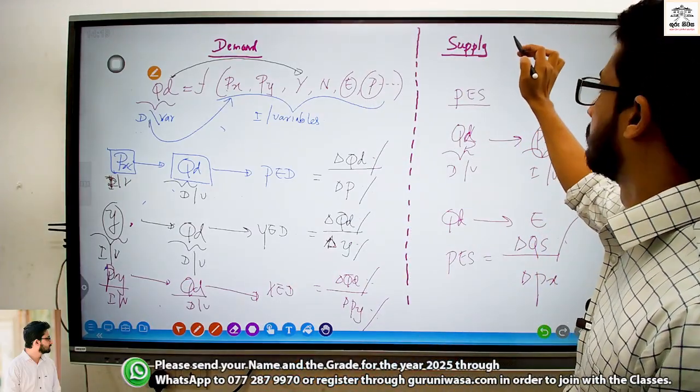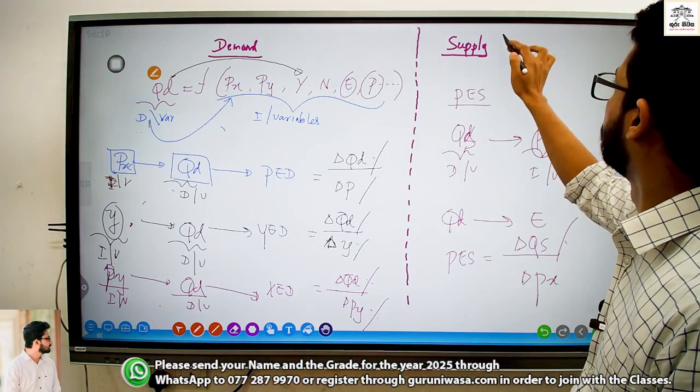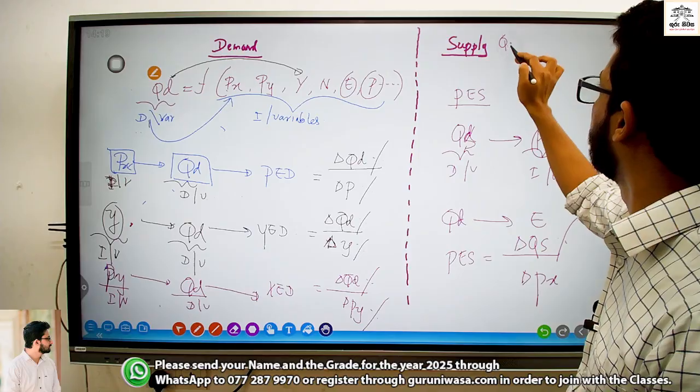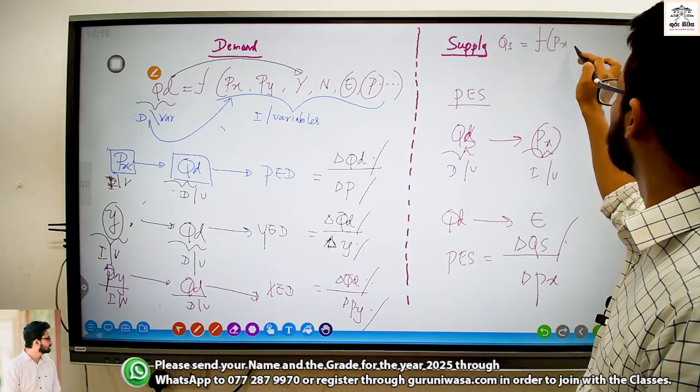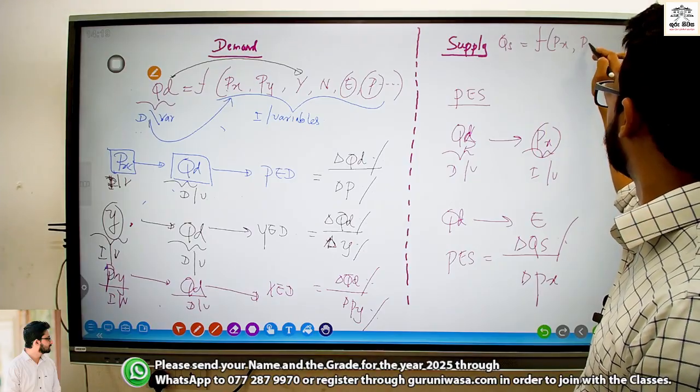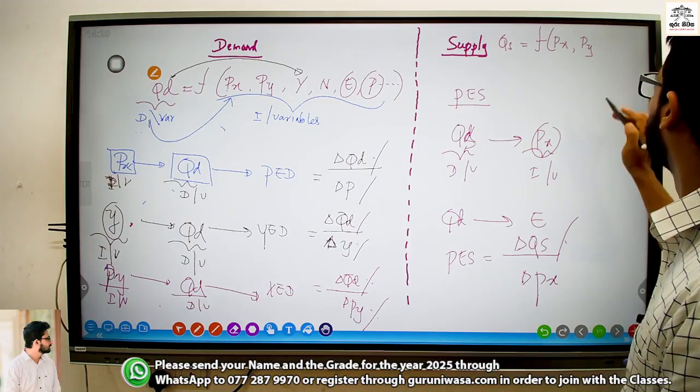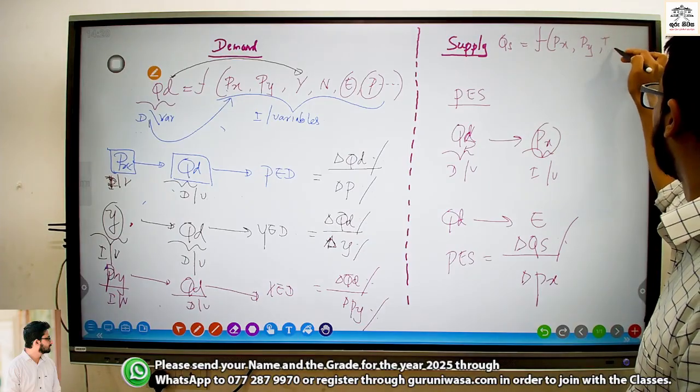This is a supply function, right? Quantity supplied depends on first, price of the product, second, price of related products, technology, cost of inputs.